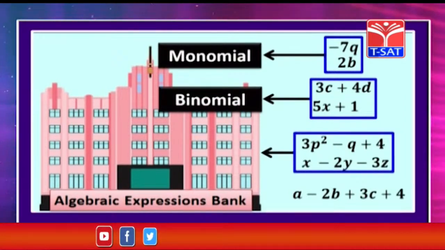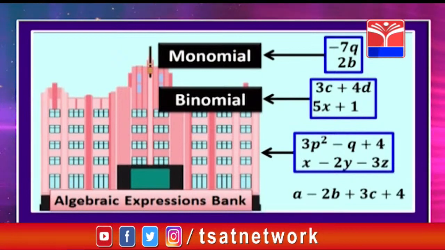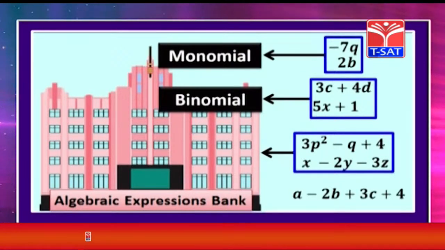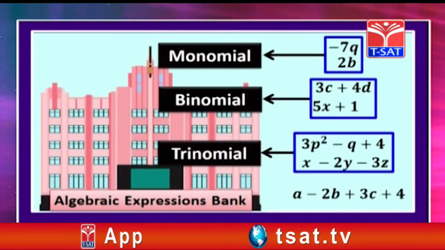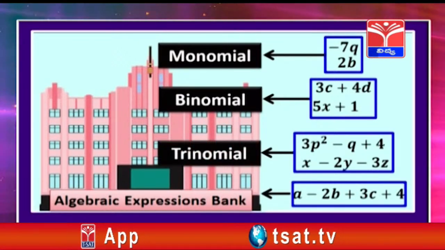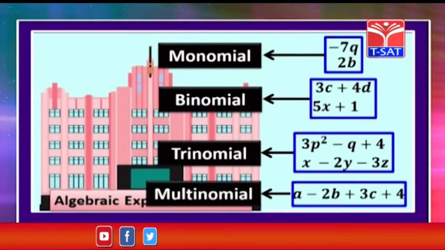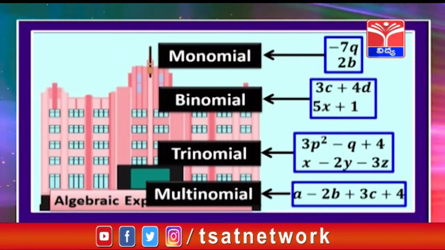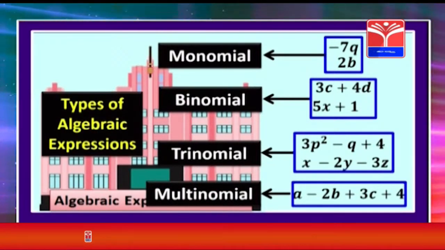And the third ones, that is 3p square minus q plus 4 and x minus 2y minus 3z, they have 3 terms each and we call it a trinomial. And the last one, it has 4 terms. We call it a multinomial. Now all these, monomial, binomial, trinomial, multinomial, are called the types of algebraic expressions.